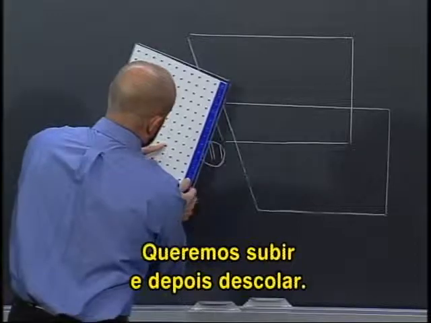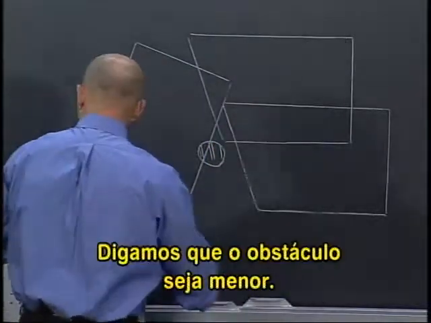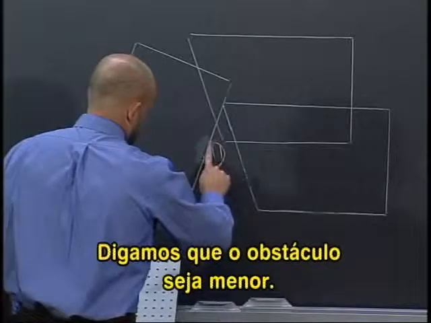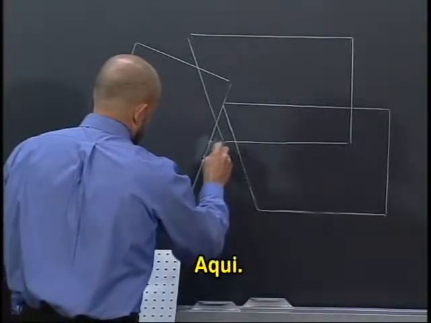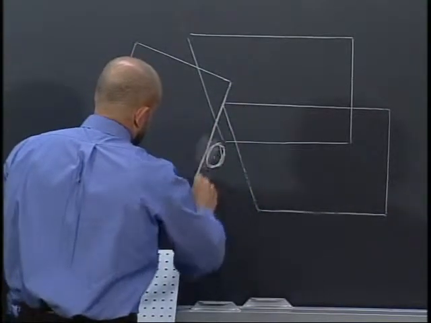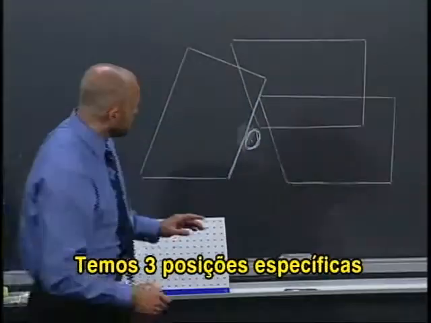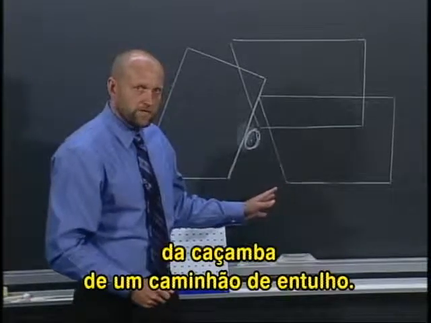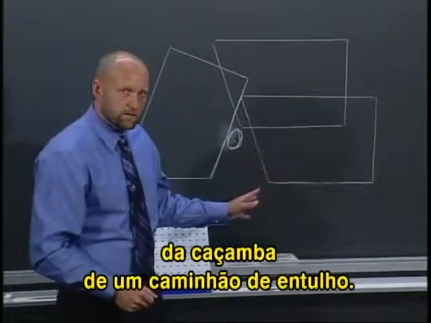We want it to move up and over. Actually, let's say that the obstacle is a little smaller than what I had envisioned. It's just there. So, what we have is 3 specified positions of the bed of a dump truck.